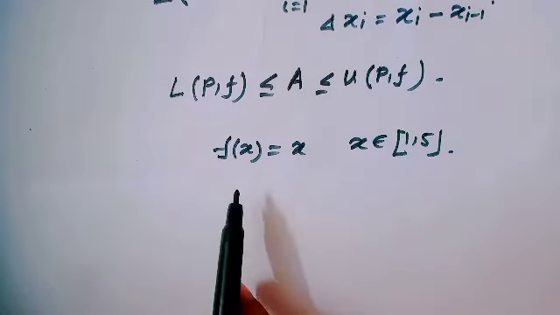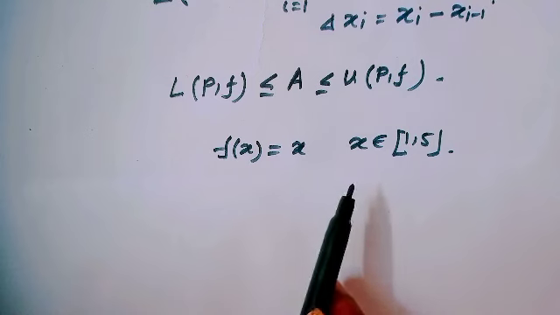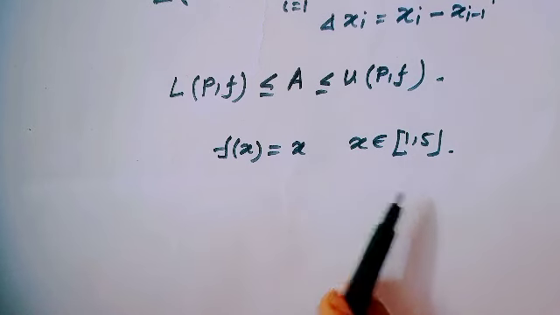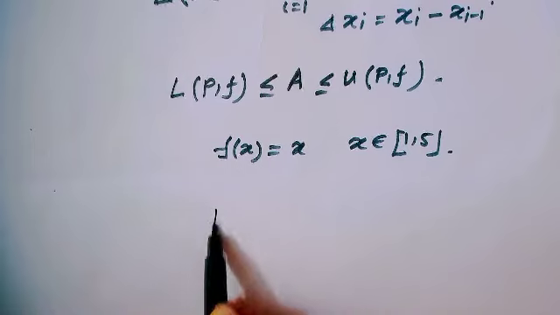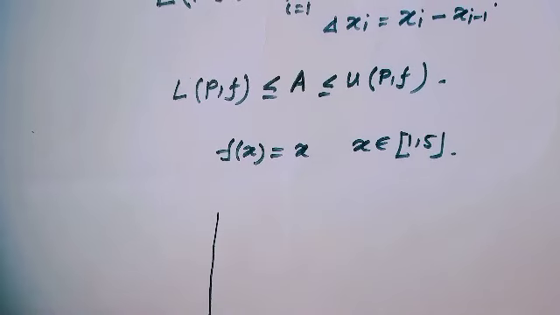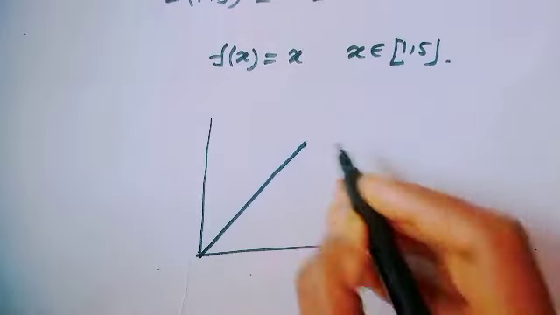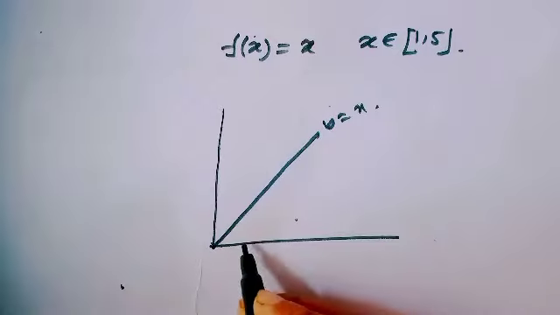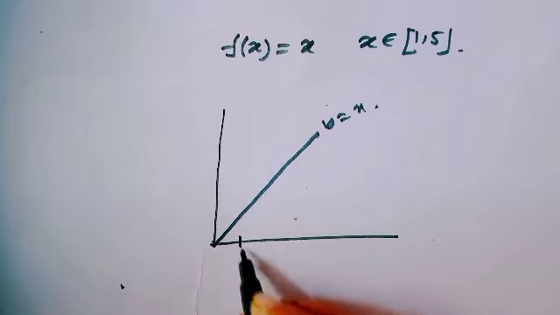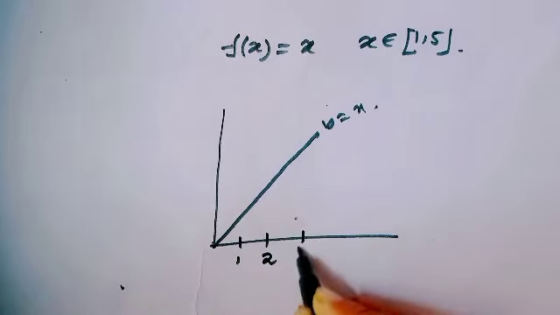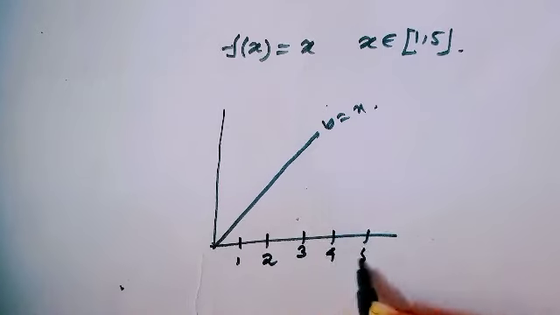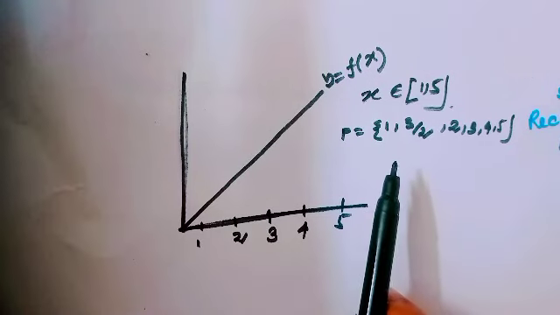For example, consider f(x) equal to x where x belongs to [1, 5]. That means this is the line y equal to x. First subdivide this interval [1, 5]. This is 1, this is 2, this is 3, 4, 5. Here I have taken one partition.